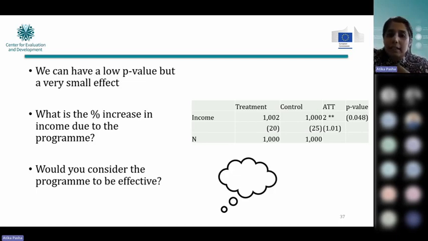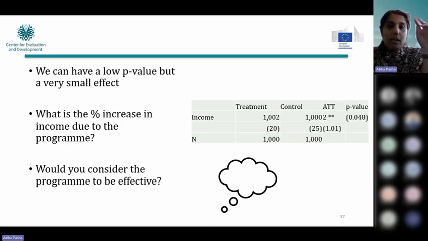Sure, you see a statistical impact, but when considering whether or not to scale up your program, consider whether your effect size is economically worth it, whether the millions of euros or dollars that you've invested into the program have led to a sizable impact.